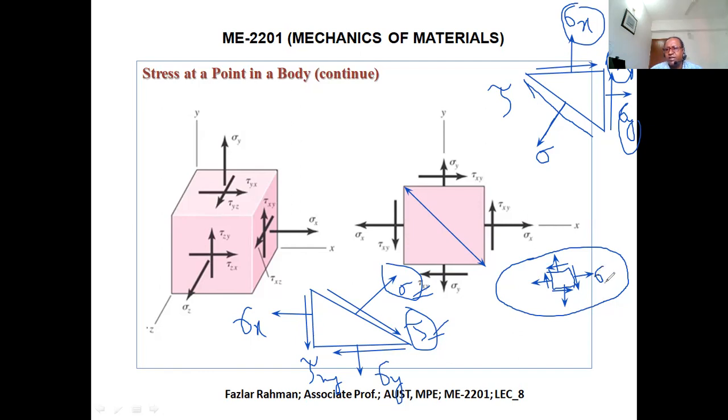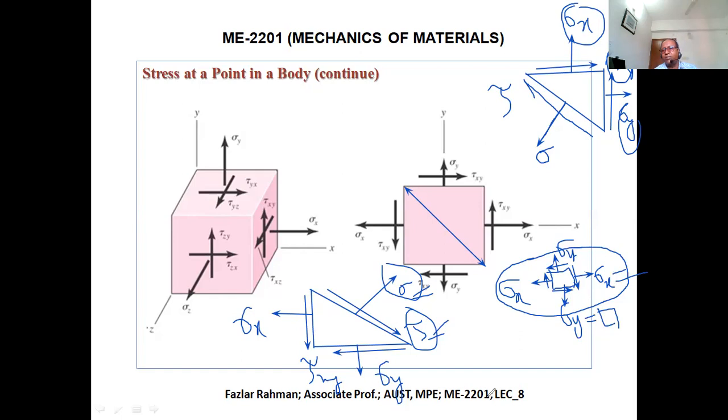So this one I'm saying sigma x. Similarly, tangential stress, you can say sigma y. And the tau xy value you can figure out. This sigma y is known to you, you can figure out this sigma x, you can figure out the tau xy. Only unknown is sigma and tau. If you are able to calculate this sigma and tau, then you can make a decision whether the design is right or wrong.